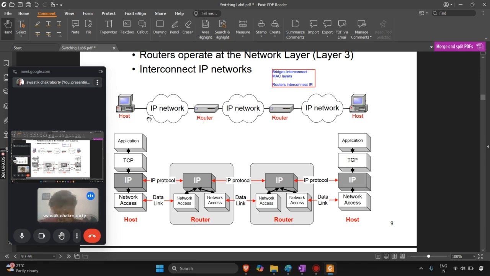All the networks are independent, and the host network which is the sender and the host network which is the receiver are at completely different networks, which may be located very far apart.